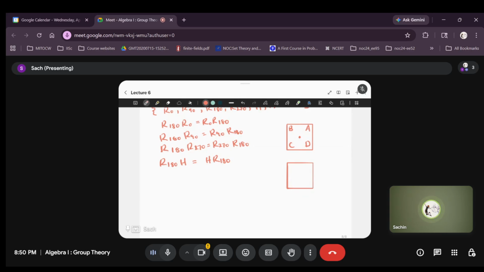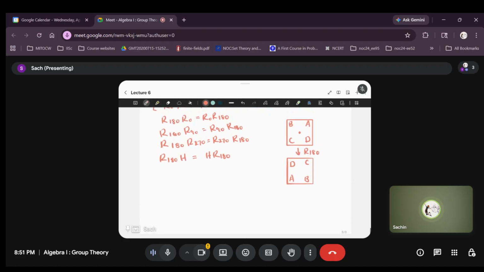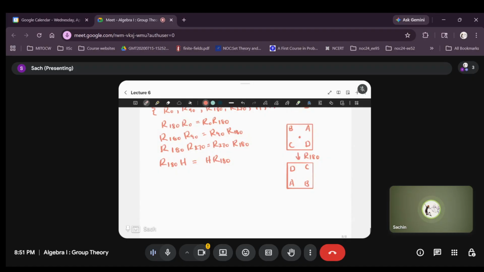So this is actually A, B, C, D. This is R180. Even if you can't visualize this, just understand that R180 is the operation of moving each letter counterclockwise by two positions. That much you can understand, right?